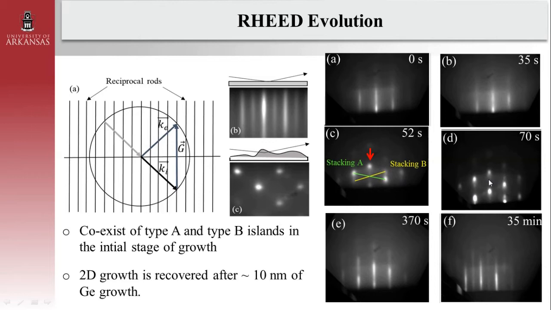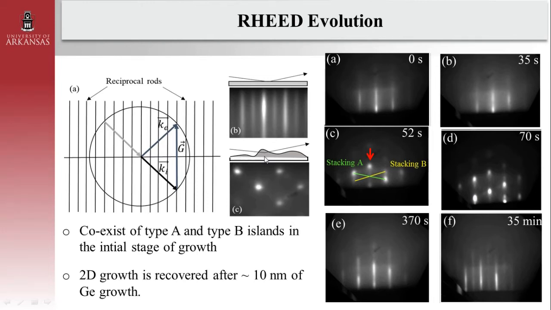It is also interesting to note that after 70 seconds of growth, the intensity of one of the two spotty patterns is strongly enhanced over the other, suggesting a preferential growth mode, hopefully type A. A two-dimensional layer-by-layer growth is recorded after the germanium growth equivalent to around 10 nanometers, which is like 370 seconds of growth. So this is how we quantify the defect structures from RHEED. Okay, and basically we are trying to correlate with our TEM results.